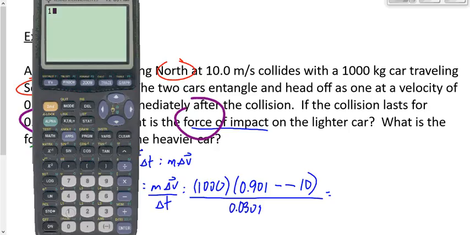So 1,000 times bracket 0.901 minus negative 10, end the bracket, divide by 0.08. You get a force of 1.36 times 10 to the 5.